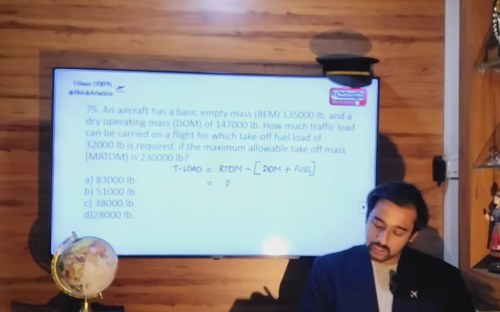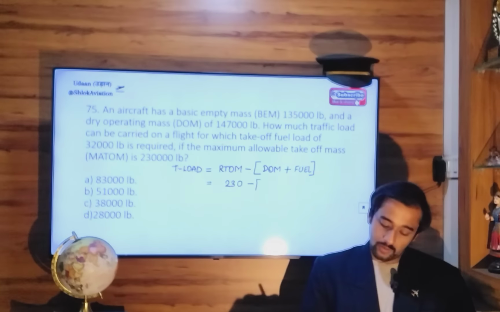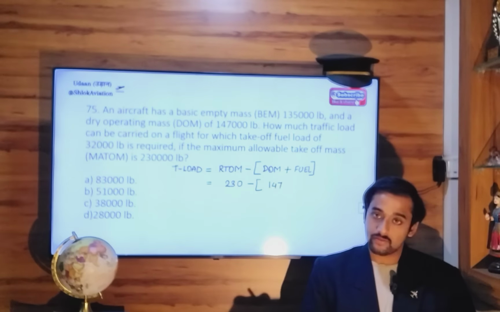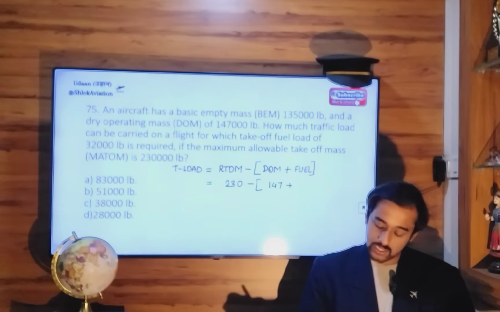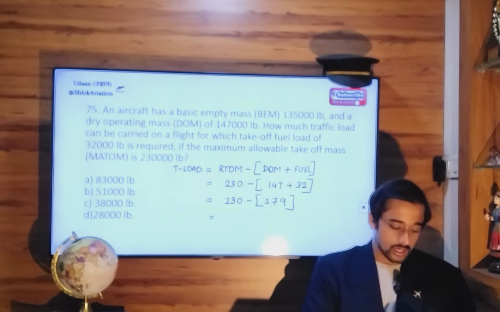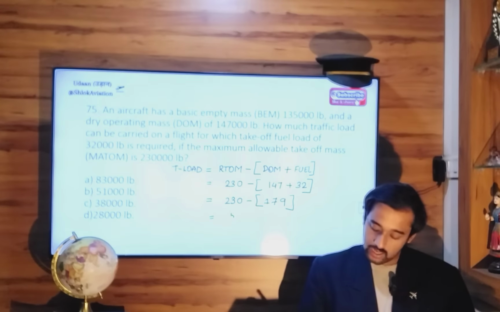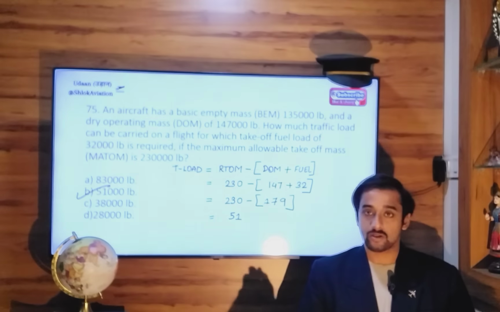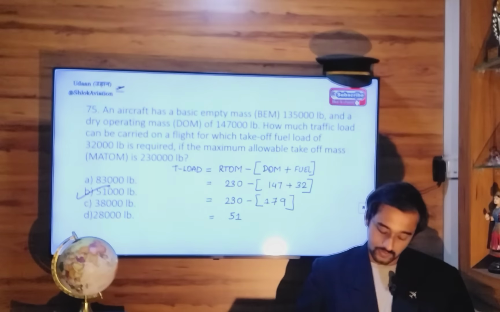Takeoff mass is 230, dry operating mass is 147, takeoff fuel is 32,000, so 32. So 230 minus 179. So 230 minus 179 equals to 51. So option Bravo is the correct option, 51,000 pounds.